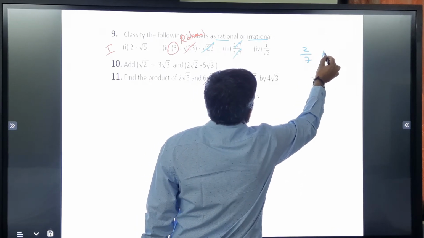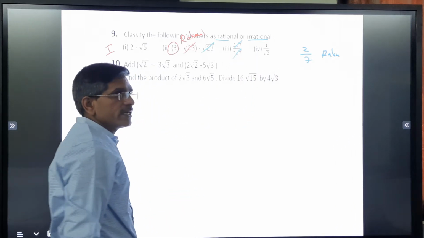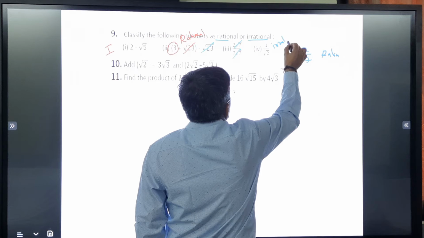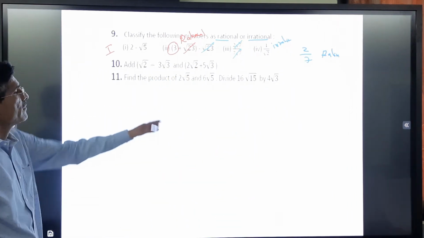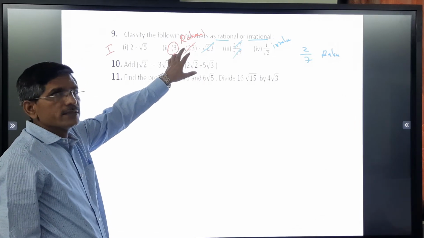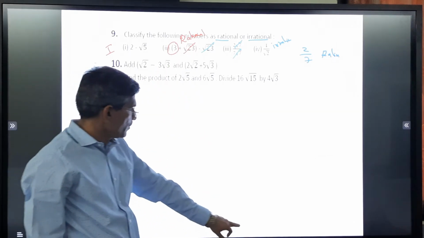Again we can say it is rational. But here root 2 is there, so we can say it is an irrational number. So when a root form is there, we can say it is irrational. But if we can cancel the root form, then only 3 remains, so we can say it is a rational number.